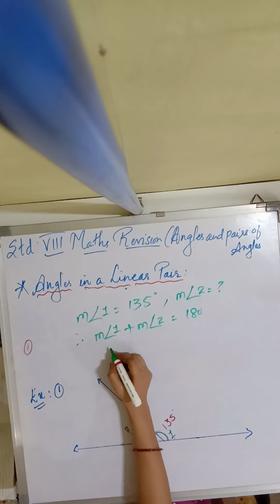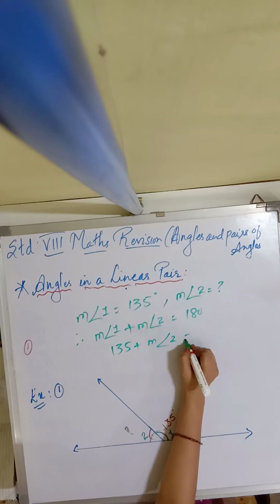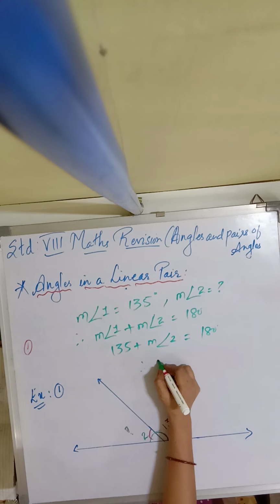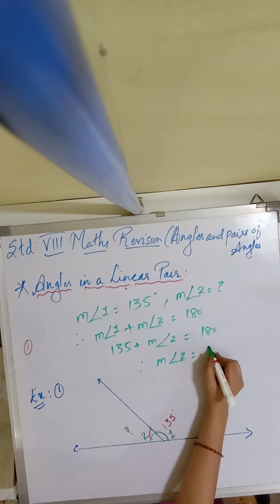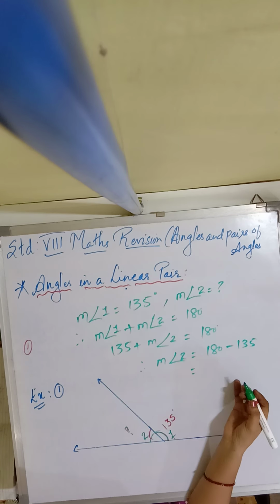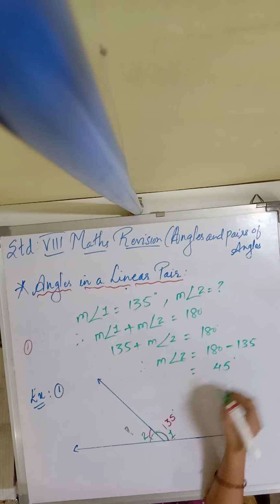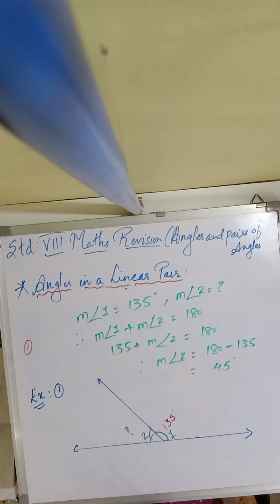What is my measure of angle 1? This is 135, plus angle 2 is equal to 180 degrees. Therefore my measure of angle 2 will be 180 minus 135 degrees, and that will be equal to how much? That is equal to 45 degrees. Clear children? So my angle 2 is 45 degrees.